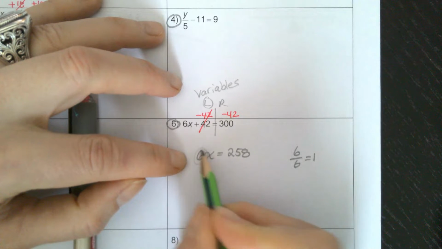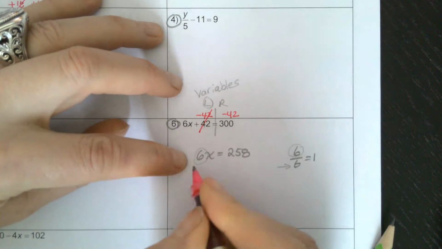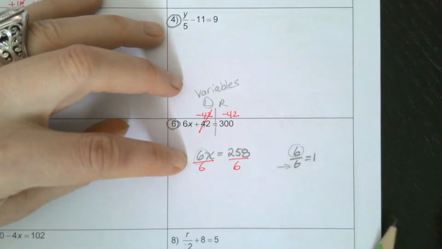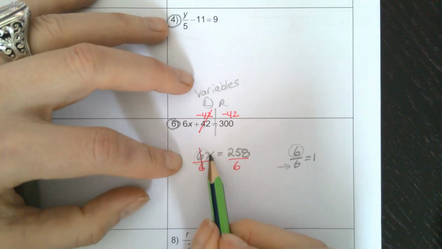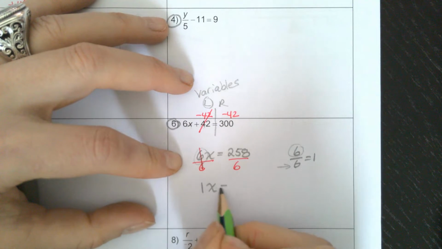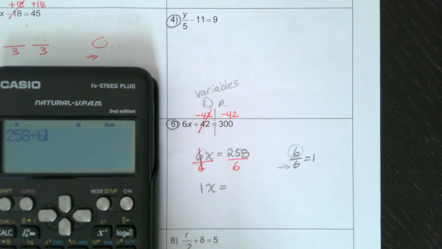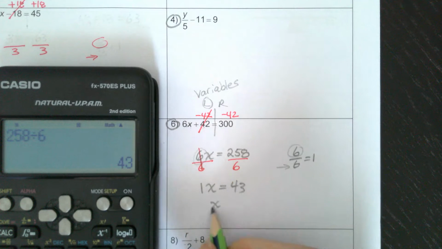I already have the top of the fraction, so now I have to put the bottom of the fraction on. So divide by 6, divide by 6. 6 divided by 6 is 1, so really that's 1 and an x, so 1x, and then 258 divided by 6 is 43. So x equals 43.